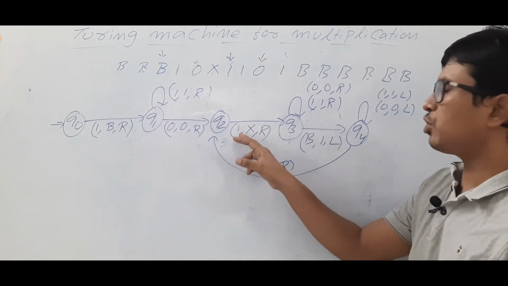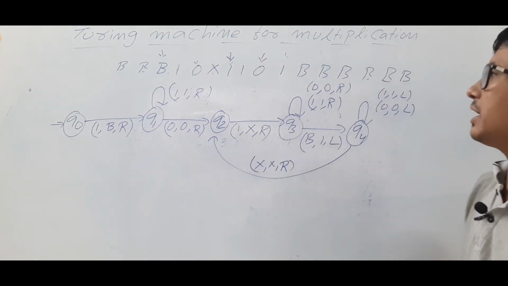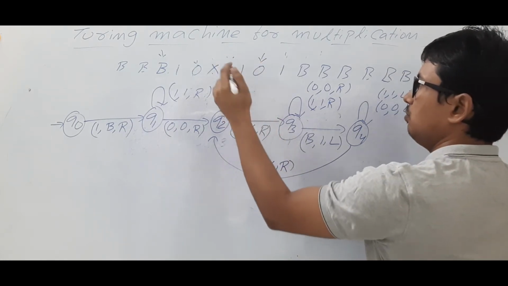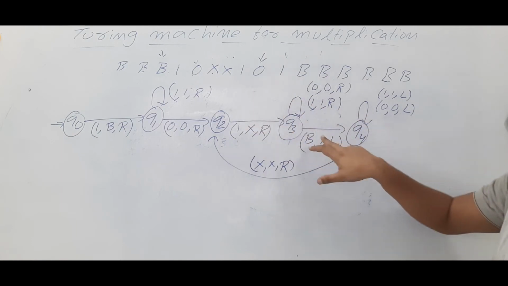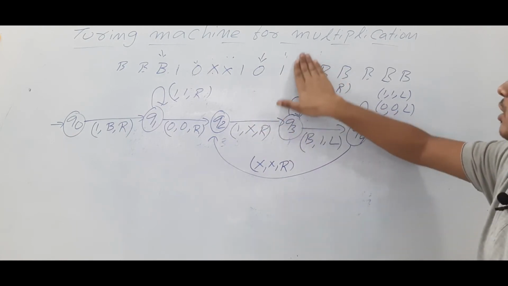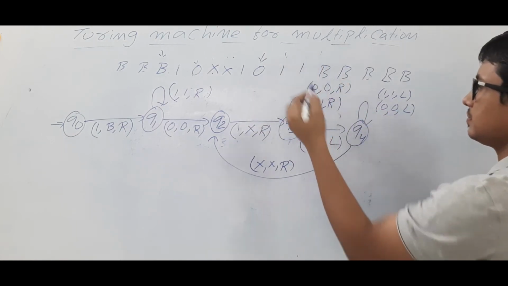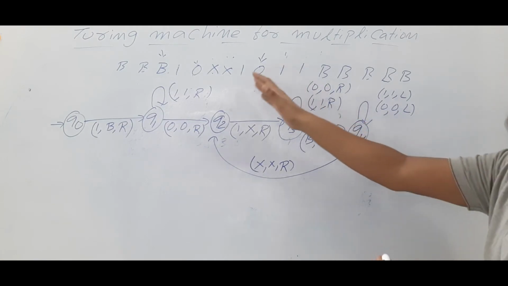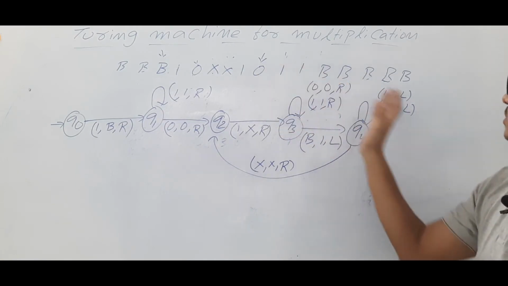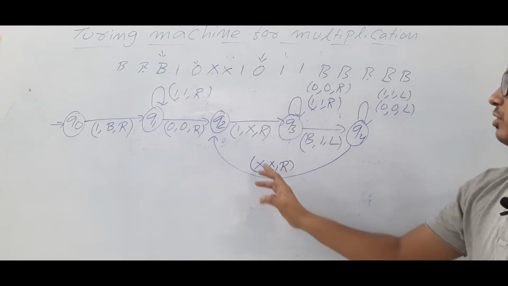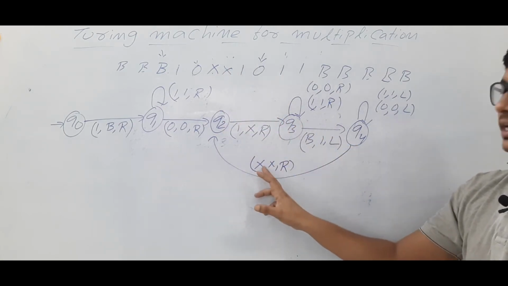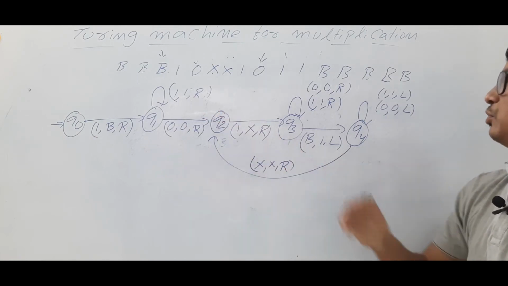Now again the same process will be applied. 1 you will make it as x, move to the right, and you will search for the next blank. This blank you will modify to 1, and again move to the left. All zeros, all ones you keep as zeros and ones only, and move to the left. Then you will search for this x. X you will make it as x, move to the right.